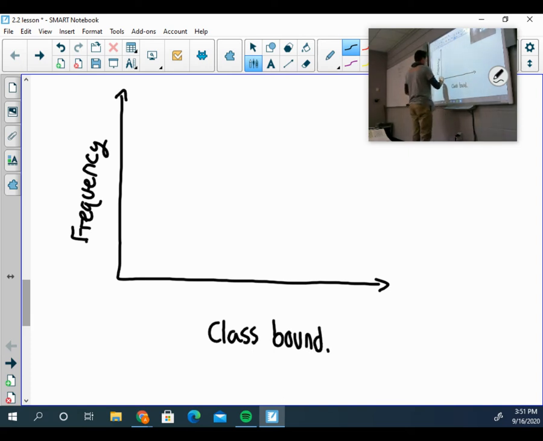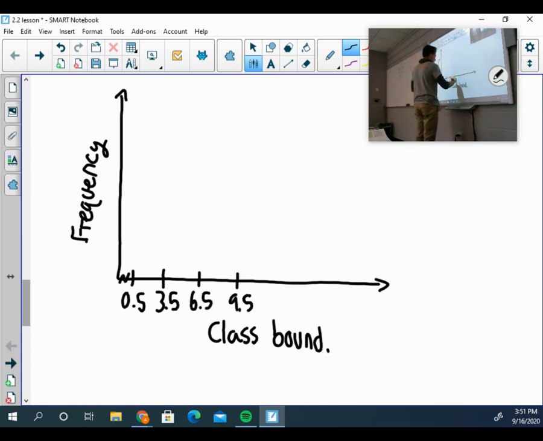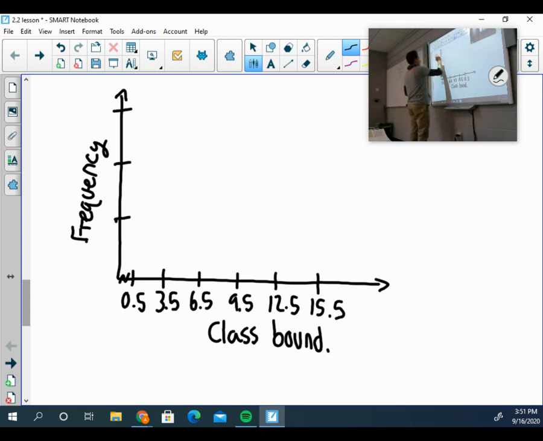Now what you'll notice is we're going to start at 0.5 to 3.5 to 6.5, 9.5, 12.5, 15.5. And then here we're going to go simply up by 5. 5, 10, 15.